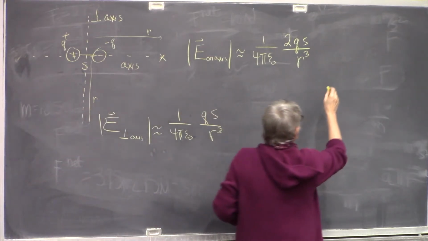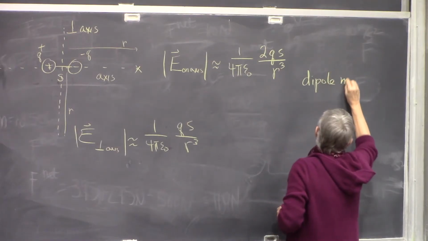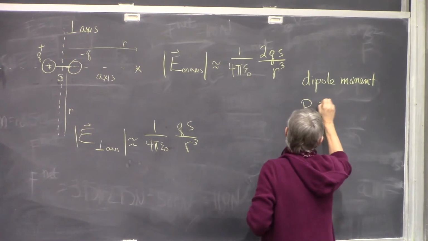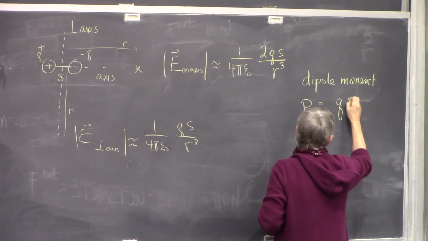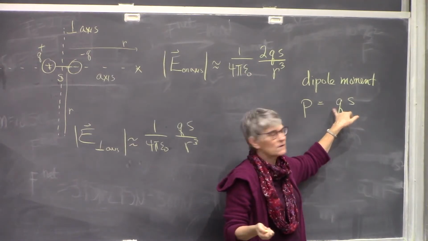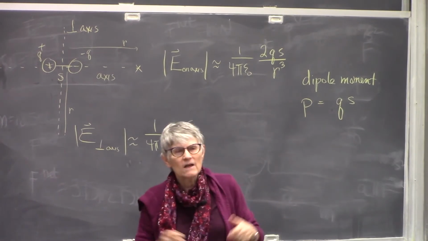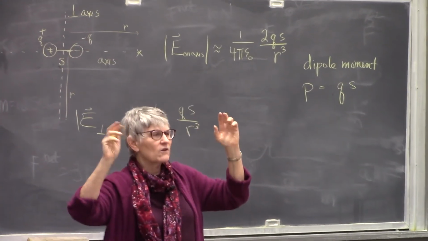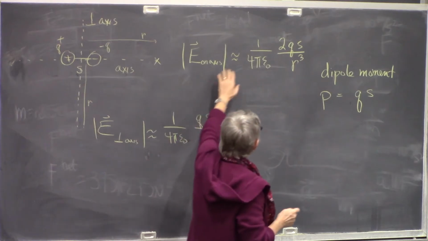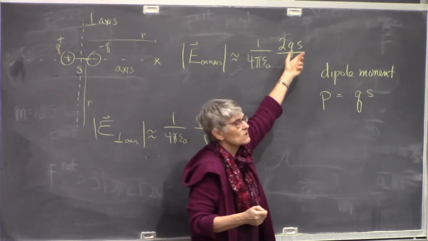And we also defined a quantity, the dipole moment, with the unfortunate symbol of p. It's the product of the amount of charge on one end of the dipole, this is a positive number, times the distance between these charges. And it's a measure of the strength of the dipole, because you can see that the magnitude of each of these fields depends on this quantity.